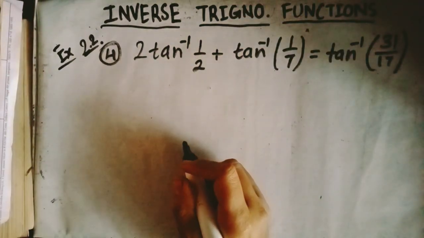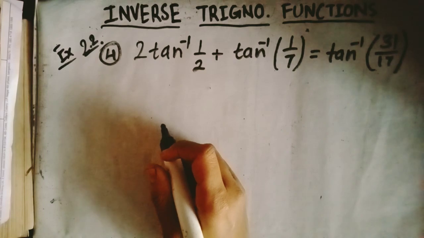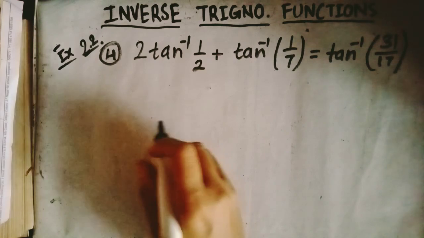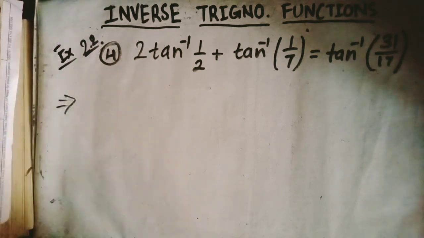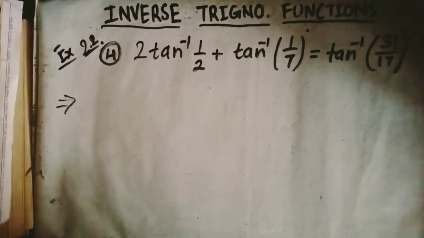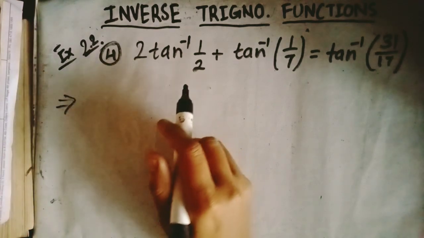The 2 tan inverse of x formula is tan inverse of 2x upon 1 minus x square. Here our x is half, so start using that.